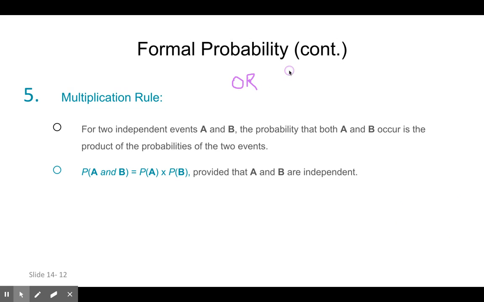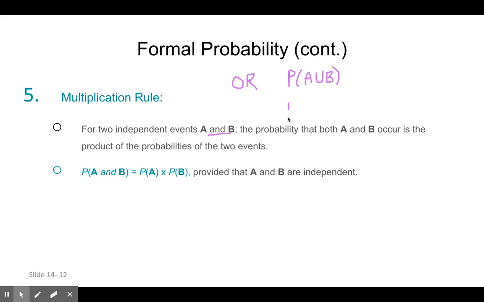When I use the word and, I'm going to use this notation, this upside down U, which is the intersection, not the union, sorry. So this is wrong. It should be union. All right. So or means union, right? You're just adding them together. That's the addition rule. Now we're talking about and.